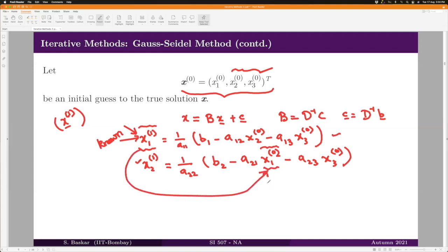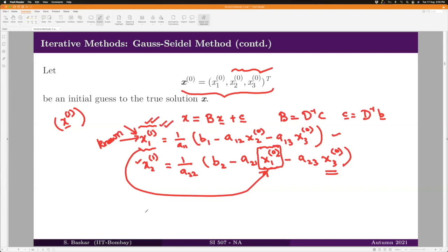If x1 of 1 is going to be a better approximation to your solution, then it may be more advantageous to use this better information than using x1 of 0, right? That was the Gauss-Seidel idea. But of course, x3 of 0 is not known to us when you are computing x2 of 1. Therefore, this you will retain from your previous iteration. Rather, this alone you will replace by the corresponding value computed in the present iteration.